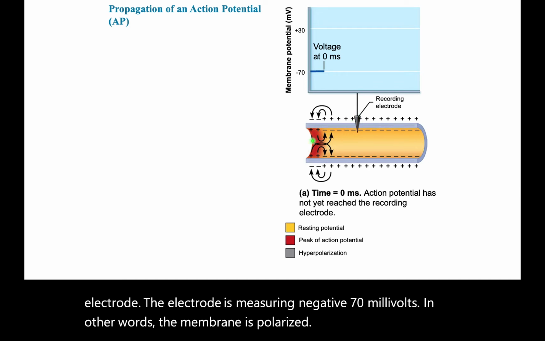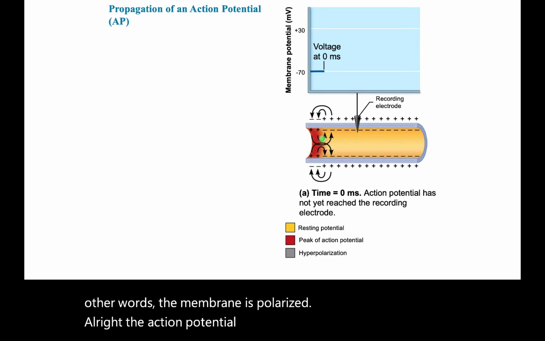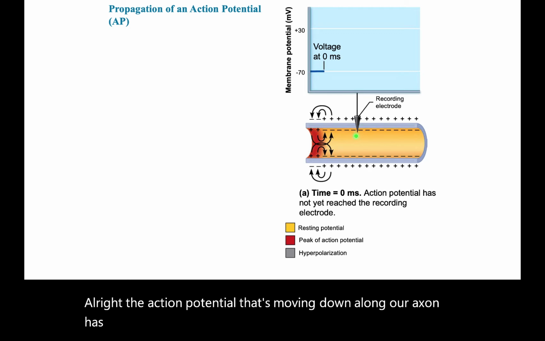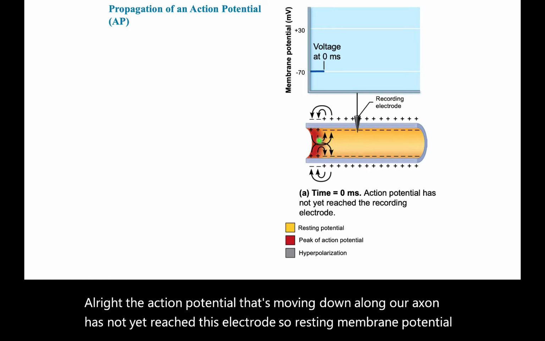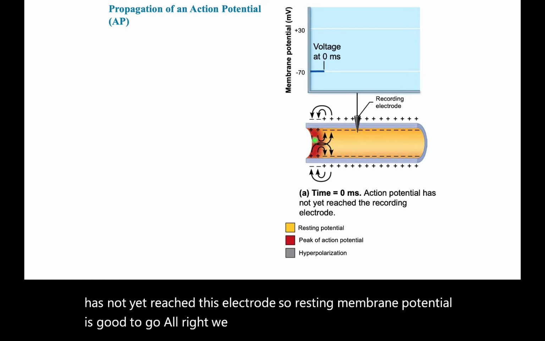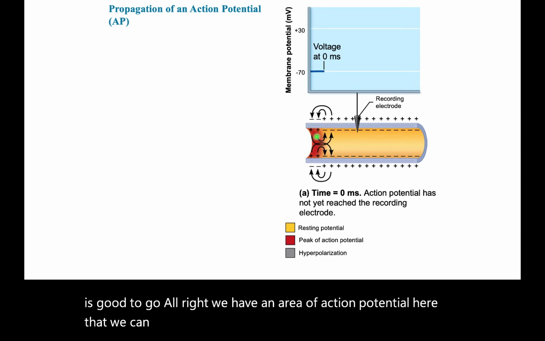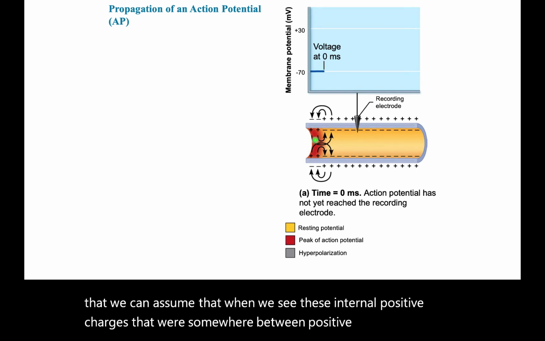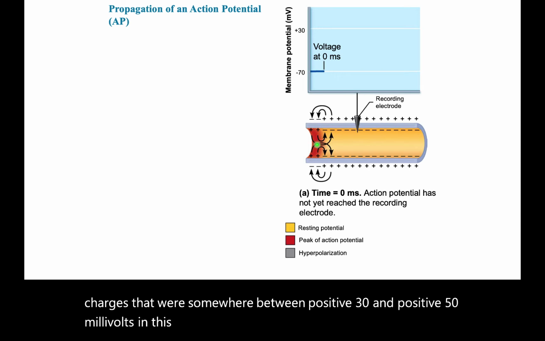The action potential that's moving down along our axon has not yet reached this electrode, so resting membrane potential is good to go. We have an area of action potential here. We can assume that when we see these internal positive charges, we're somewhere between positive 30 and positive 50 millivolts. In this view, hyperpolarization has not yet occurred.